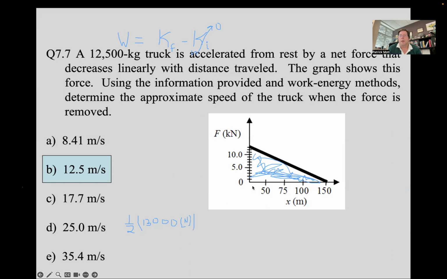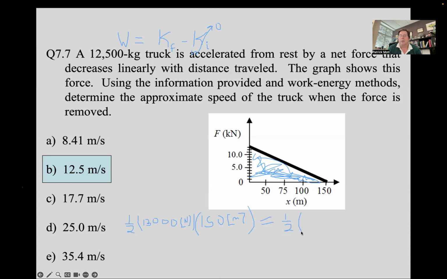And then the base goes 150 meters before the force falls to 0. On the right-hand side of the work energy equation, we have the final kinetic energy. That gives me another factor of a half from a half mv squared.